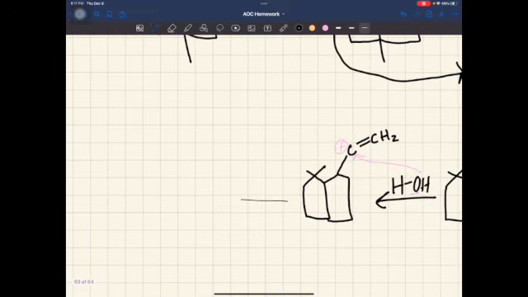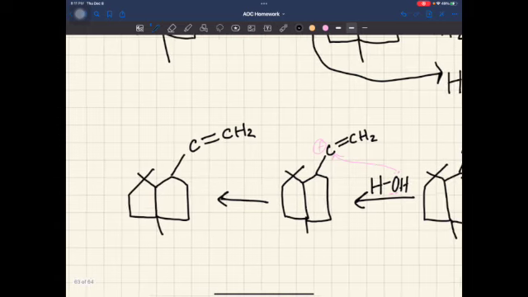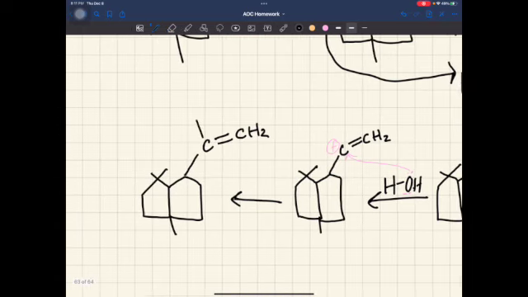So we're going to have something like this. Carbon, double bond, CH2. Don't forget we have a methyl here. And ROH. And then we have a plus right here.